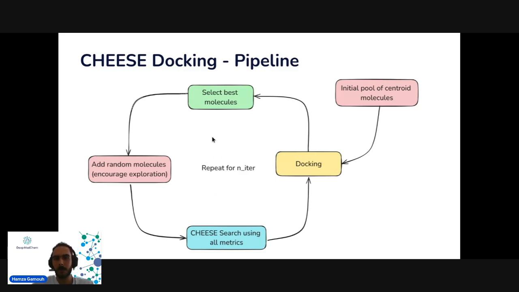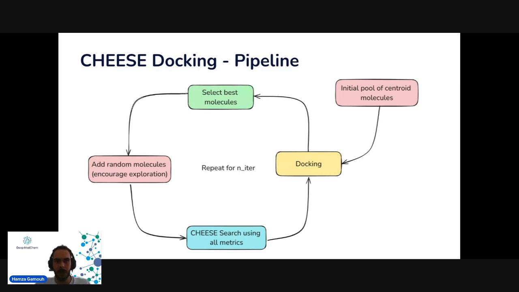For example, if you select the N best to be 10, it will take the 10 best docked molecules. The objective function here is just the Vina score, if the molecular weight is under 400 for this testing that we've performed. These docking scores are used to rank the molecules. So the best 10 molecules are fed to the cheese search.